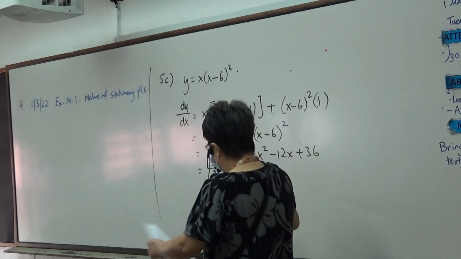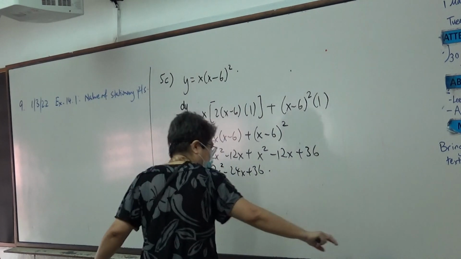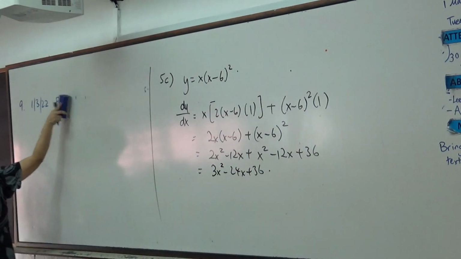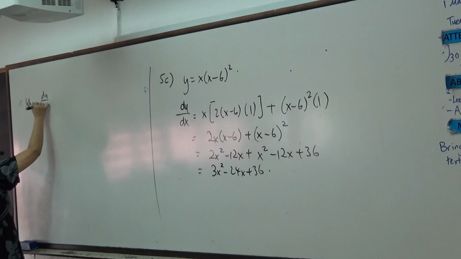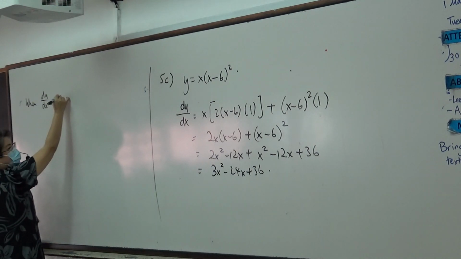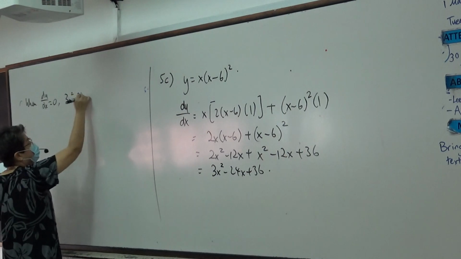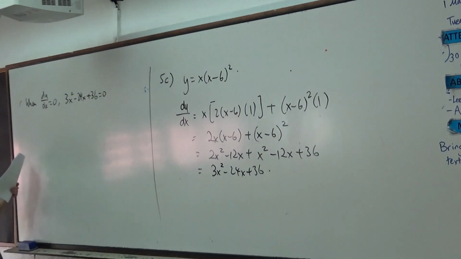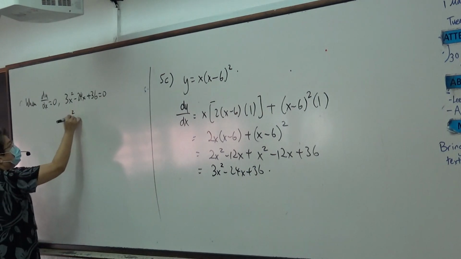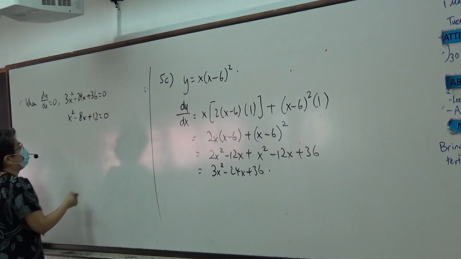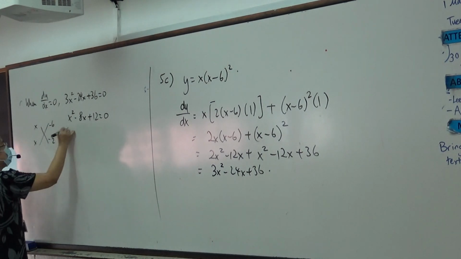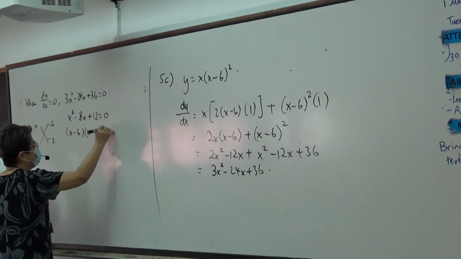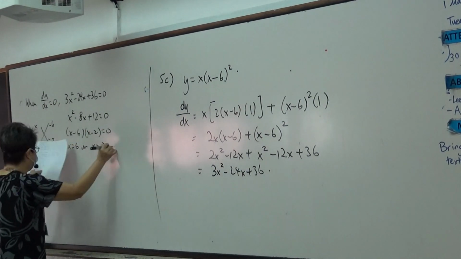So from here I will divide through by 3. Okay, I use the cross method. Is it correct? Yes. x minus 6, x minus 2, equals 0. So x is 6 or x is 2, right?